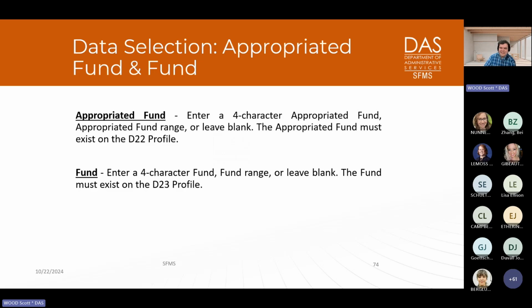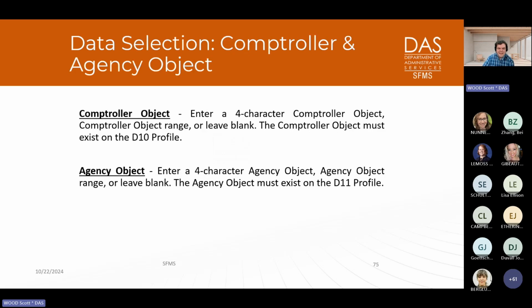For fund, which we refer to as D23 fund, so we know which profile it goes to, enter the 4-character fund, or leave blank. Comptroller object: you can leave this one blank, but it must exist on the D10 profile if you are planning on using it.